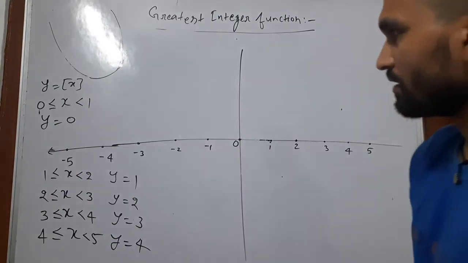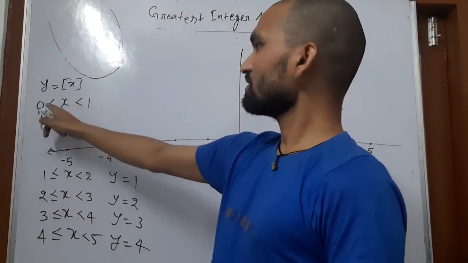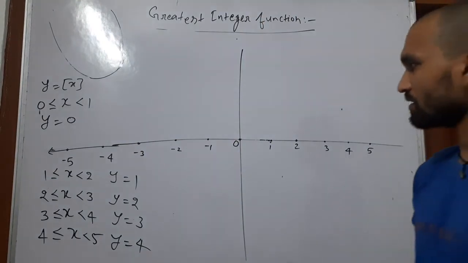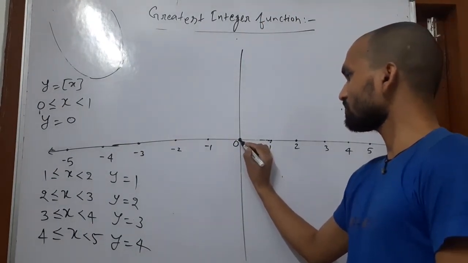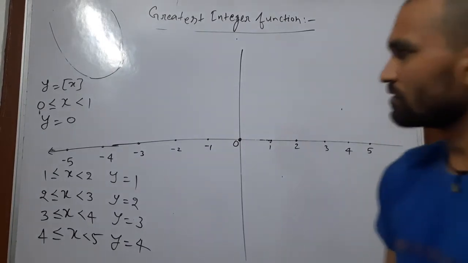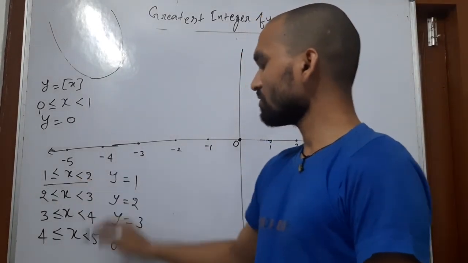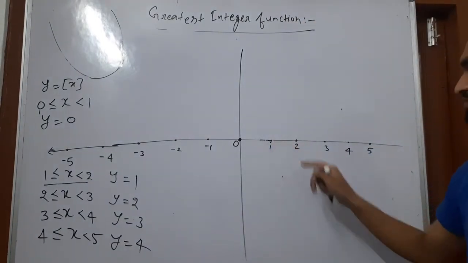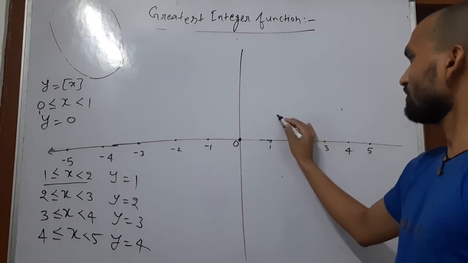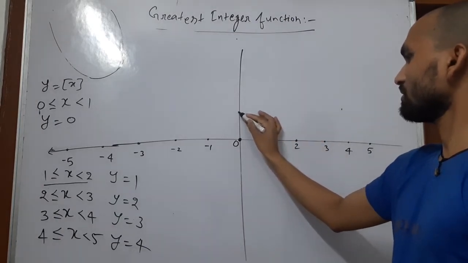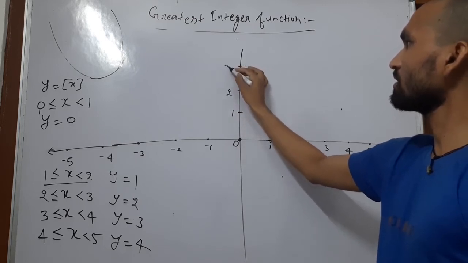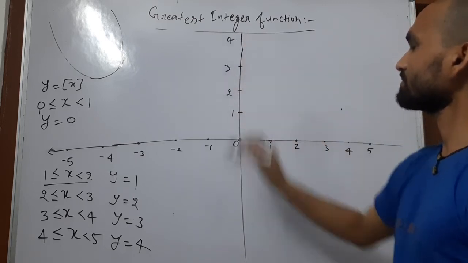So when our x is from 1 and before 2, y is 1, so we should draw this 0 value here. And when we go from 1 and before 2, y is 1, so the y equal to 1 line will be something like this: 1, 2, 3 and 4.